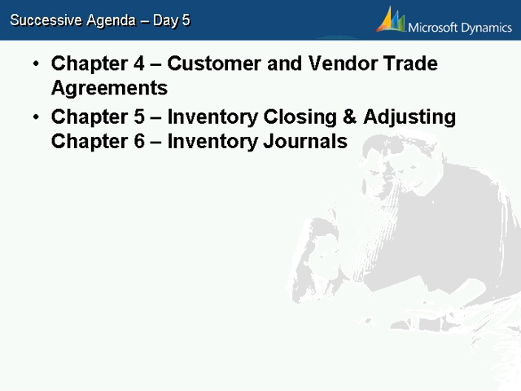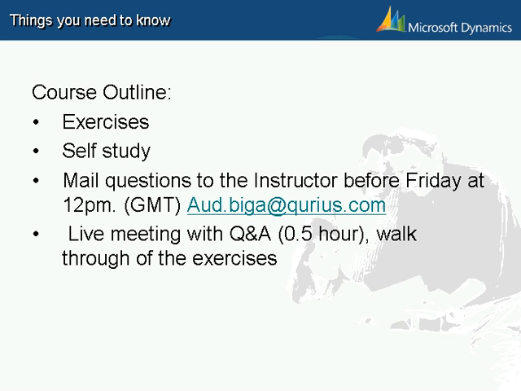So here's the successive agenda. Next time we will cover Chapter 4, Customer and Vendor Trade Agreement, Chapter 5, Inventory Closing and Adjusting, and Chapter 6, Inventory Journals. I expect you to review all exercises and manuals regarding the successive agenda.